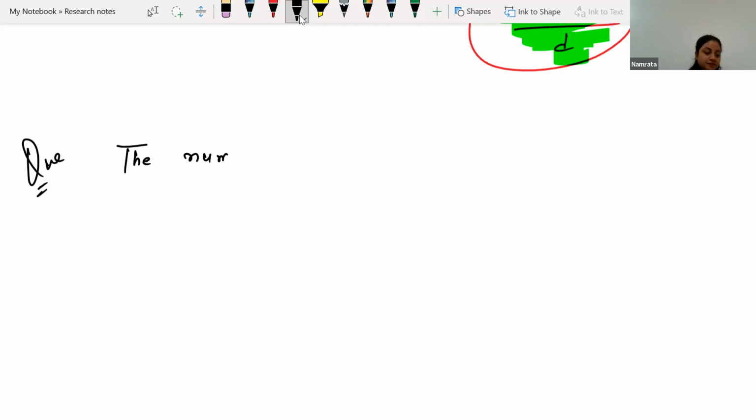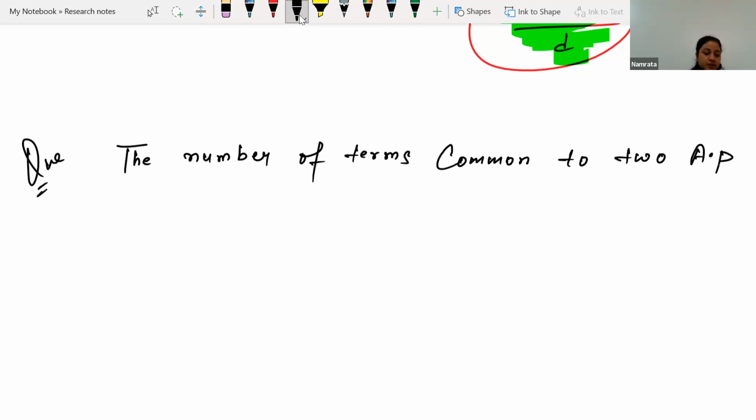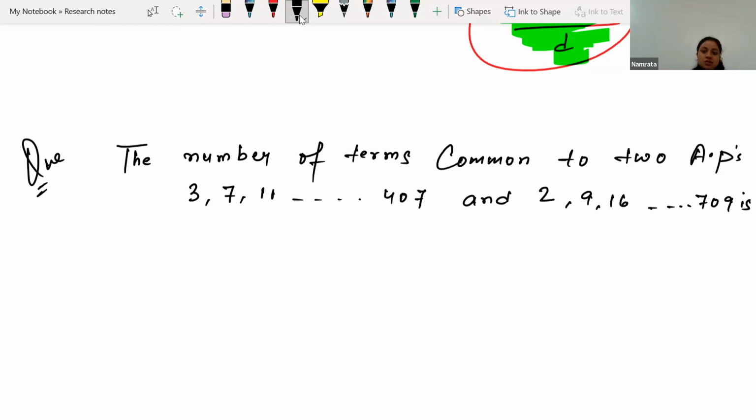The number of terms common to the 2 APs 3, 7, 11, ..., 407, and 2, 9, 16, ..., 709 is: option A 12, option B 13, option C 14, option D 15.